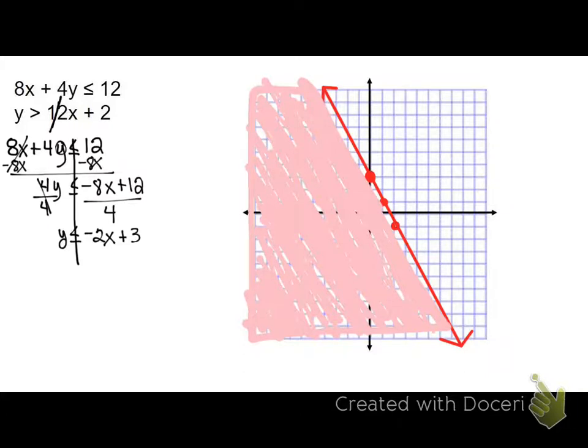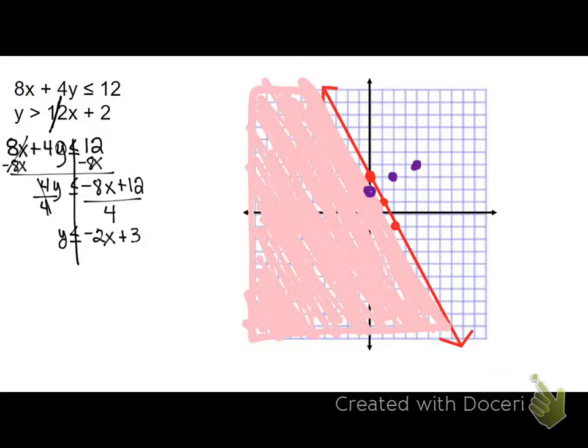A half. Okay, well, we already wrote it. Just put your half. Put your little dash in between the 1 and 2. That'll work. Okay. So we're going to go to positive 2, just right underneath the other one. And then my slope is 1 over 2, 1 over 2.